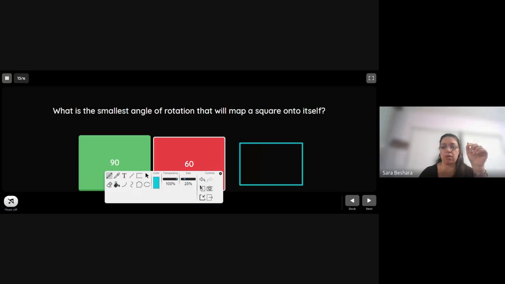360 over 4 is 90 degrees in this case. So the smallest angle of rotation would be 90 degrees. That is for one rotation. Every time you add 90 degrees, it will be an additional rotation.